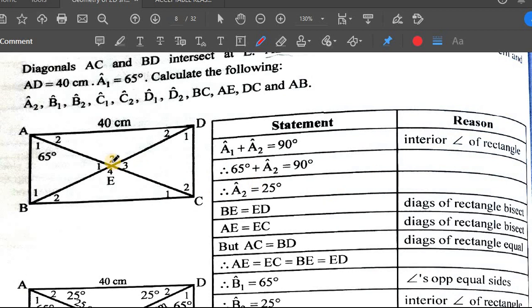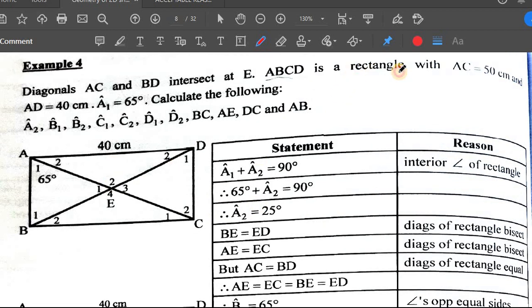Now let's remember that they told us that this is a rectangle, so immediately this is 90 degrees, this is 90 degrees. You remember from our properties above? So let's look at it. We've got this now, so this is 90. Let's zoom in.